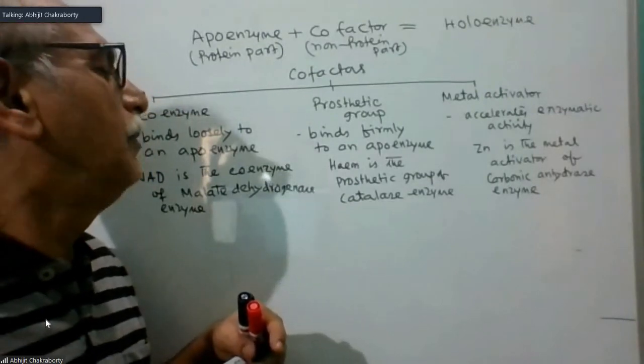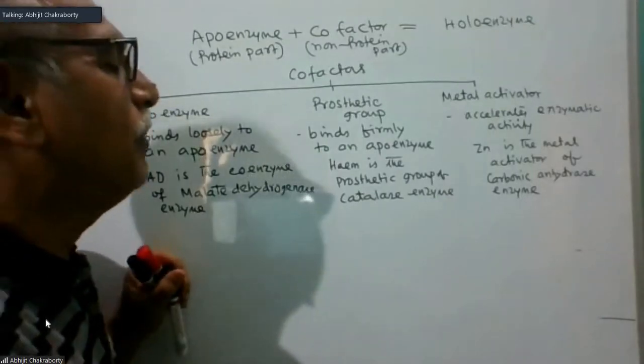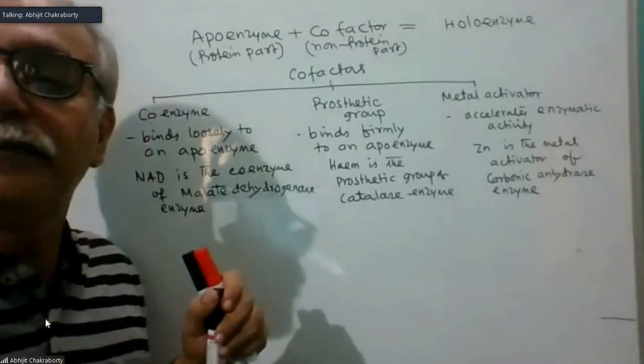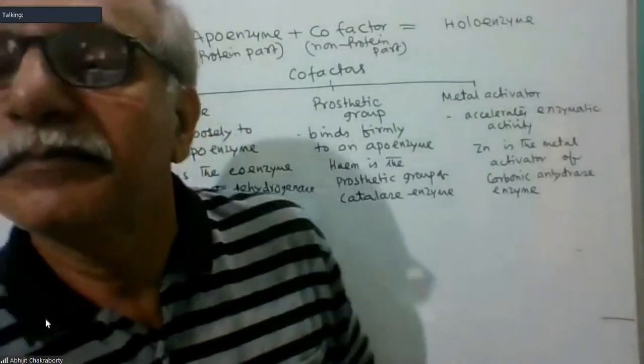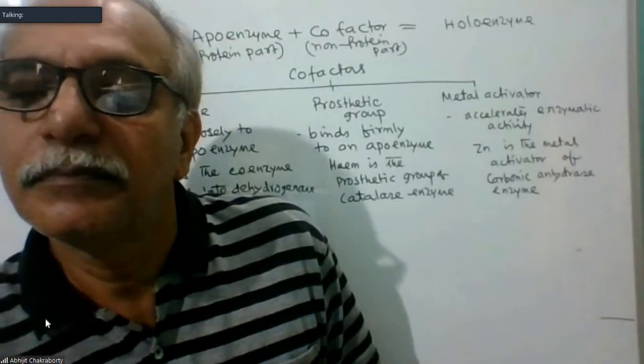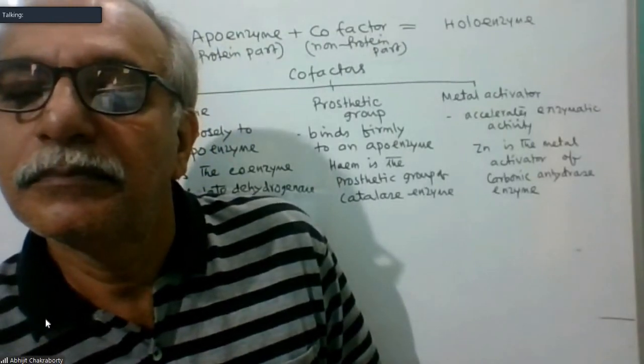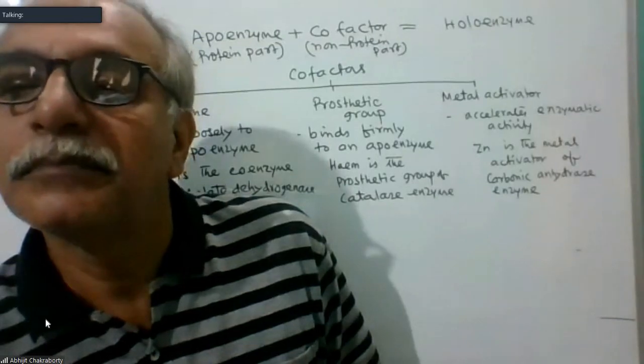The example is heme. Heme is the prosthetic group of catalase enzyme. Clear?